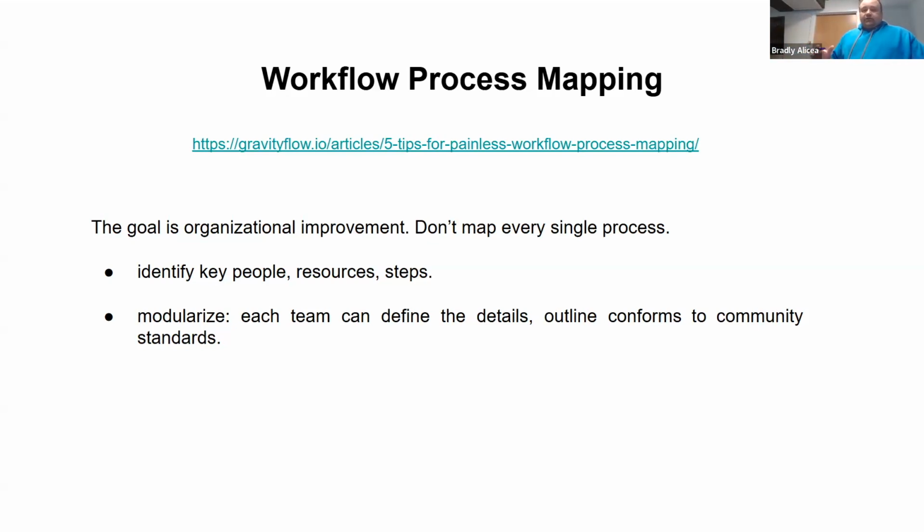Then you also want to modularize. So you don't want to just make a list of every step in a process. But another strategy to this, especially if you have a very complex system or you have a large organization, is to modularize your workflow process map. And then from those modules, you add in detail underneath.